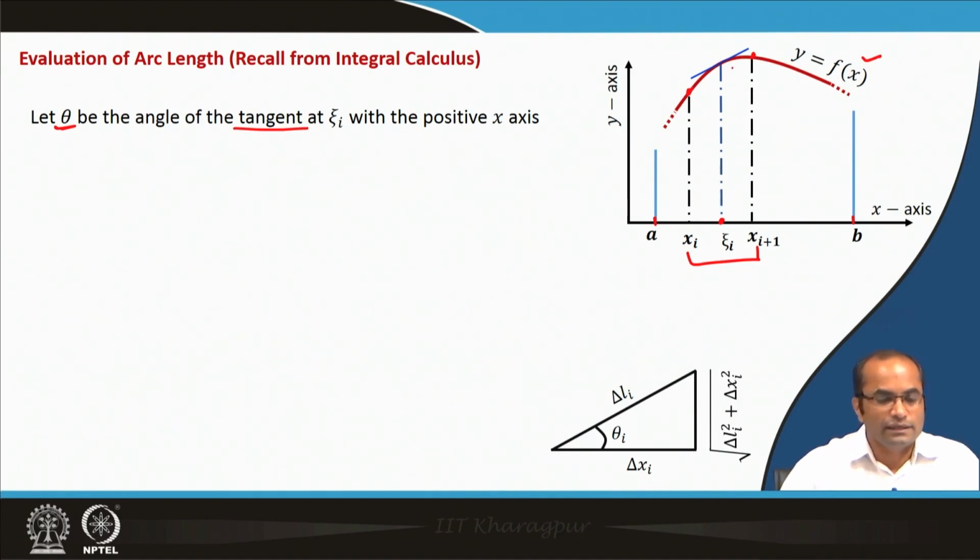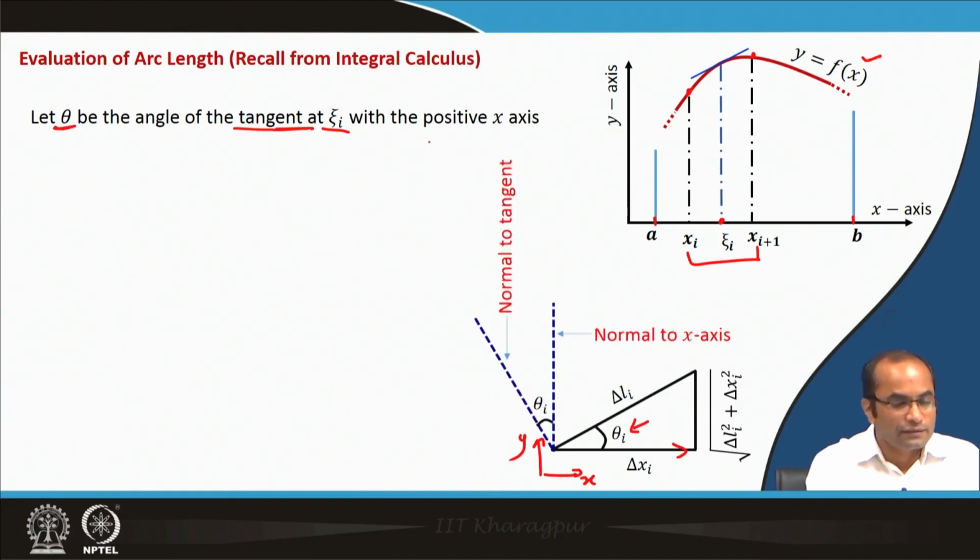At this xi i we have a tangent, and we suppose that theta is the angle of the tangent at this point xi i with the positive x axis. This is the x axis, this is the y axis, and from the x axis we have this angle theta i. This angle theta i we can also understand in a different context.